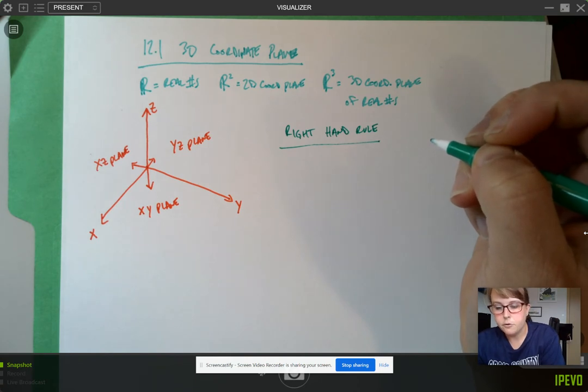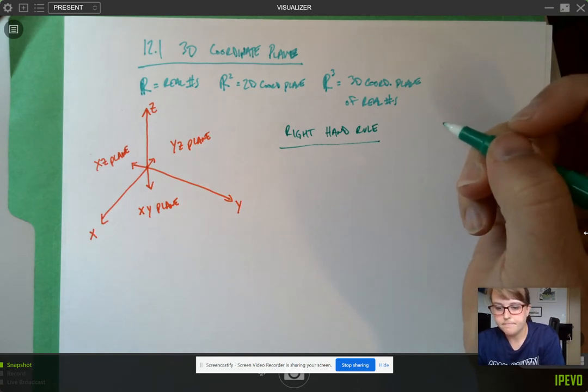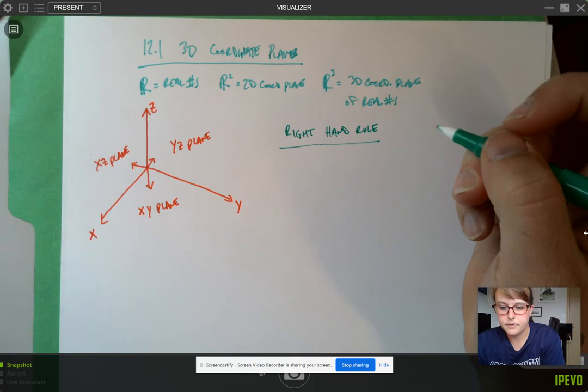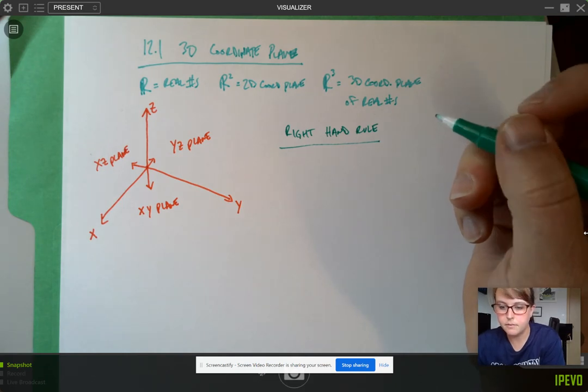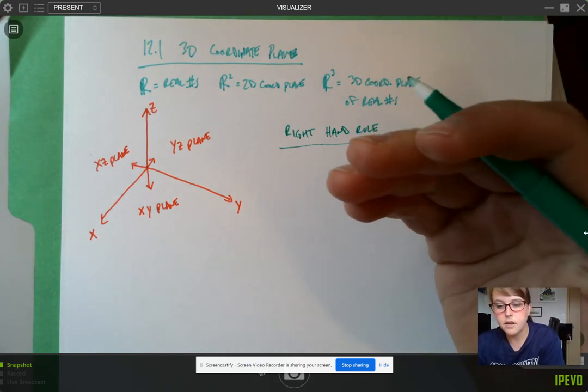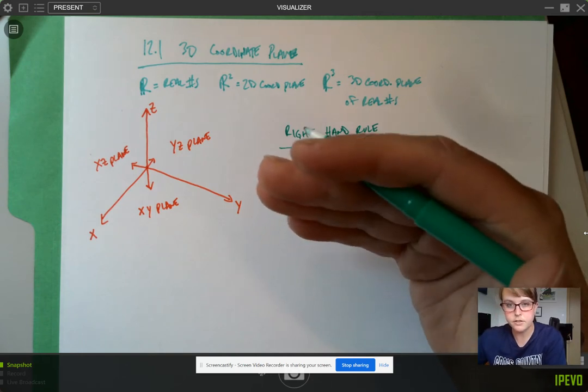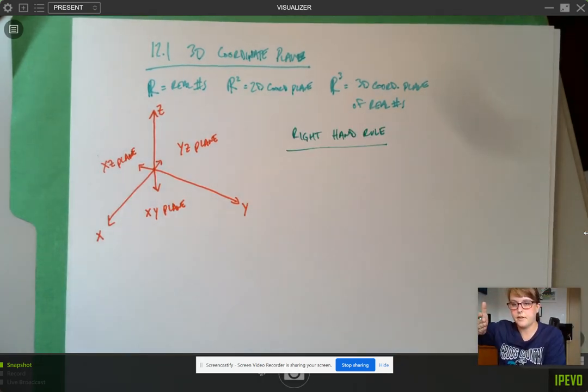Basically, if you put your hand along the positive y-axis with your fingers pointing at the origin, and then you curl your fingers in the direction of the positive x-axis, the direction of your thumb is going to be the direction of the positive z-axis.